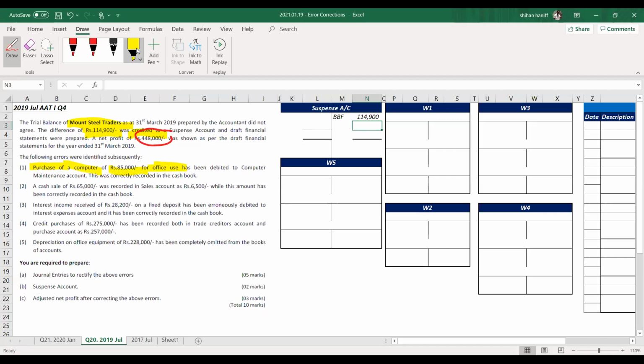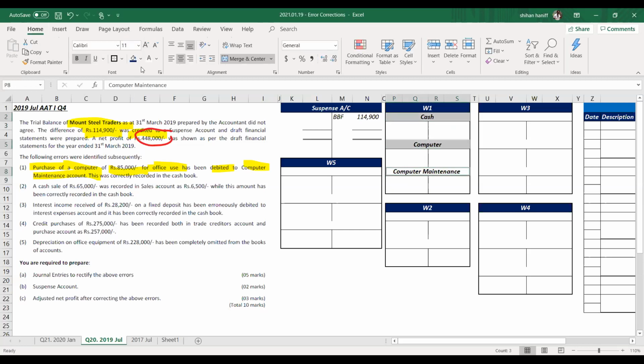Office use means it's a non-current asset. It's been debited to computer maintenance account. So when you purchase computer, it should be credited to cash account and debited to computer account. But they have debited this to computer maintenance account. So first let's write the error.